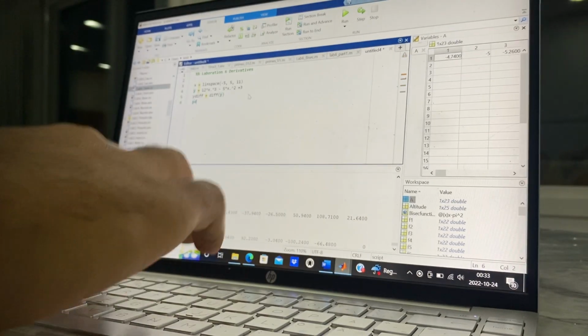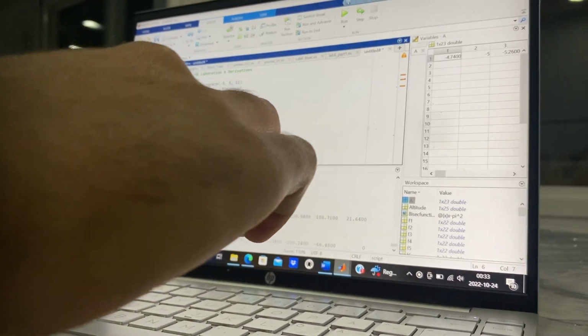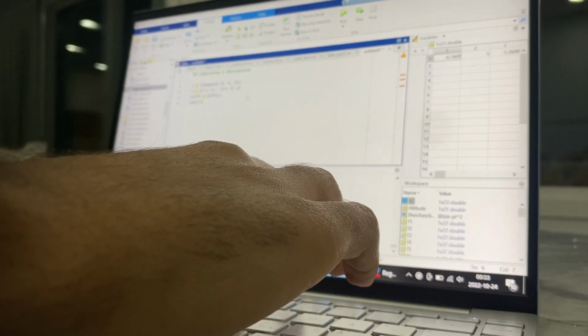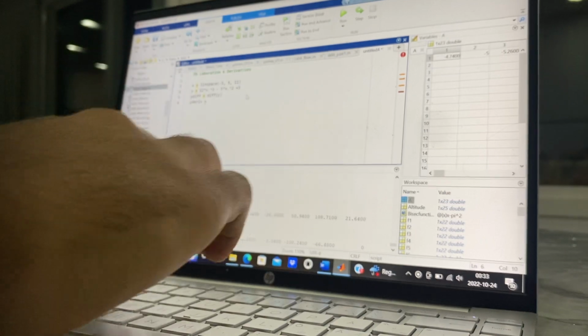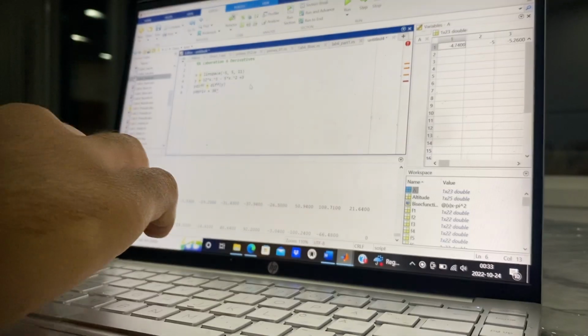And then the derivative, I'm going to call it derivative of y, which is equal to 36 times x.